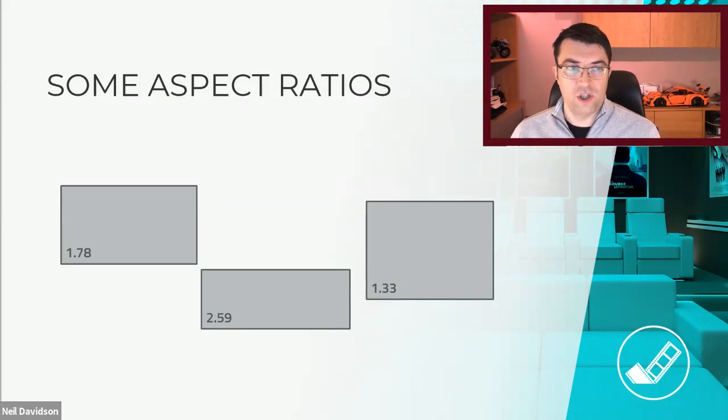Aspect ratio is just the shape, so don't get confused with those things. Here we have several different shapes of several different sizes on the screen of different aspects. Probably the main thing to pick up from this one is that the smaller the aspect number, the closer the shape becomes to square, and the bigger the aspect number, the wider the shape becomes.